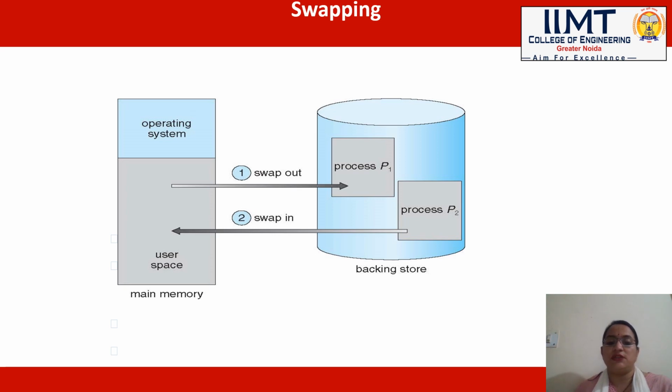So first of all we will swap in process P2 to the main memory, and we can see that process P1 is swapped out from main memory to the secondary memory because we have limited memory space in main memory. So we will swap out process P1 to the secondary storage.